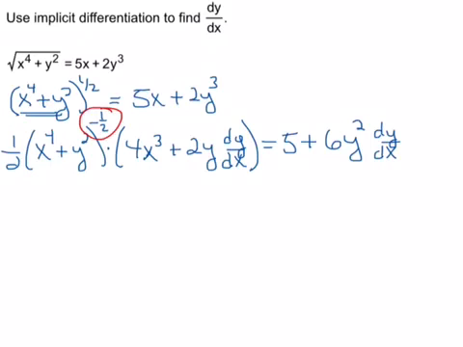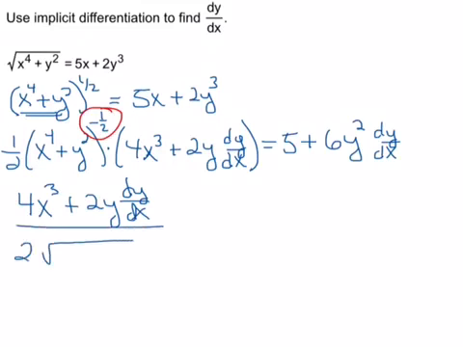So this will be (4x cubed plus 2y dy/dx) divided by 2 times the square root of x to the fourth plus y squared, equals 5 plus 6y squared dy/dx.